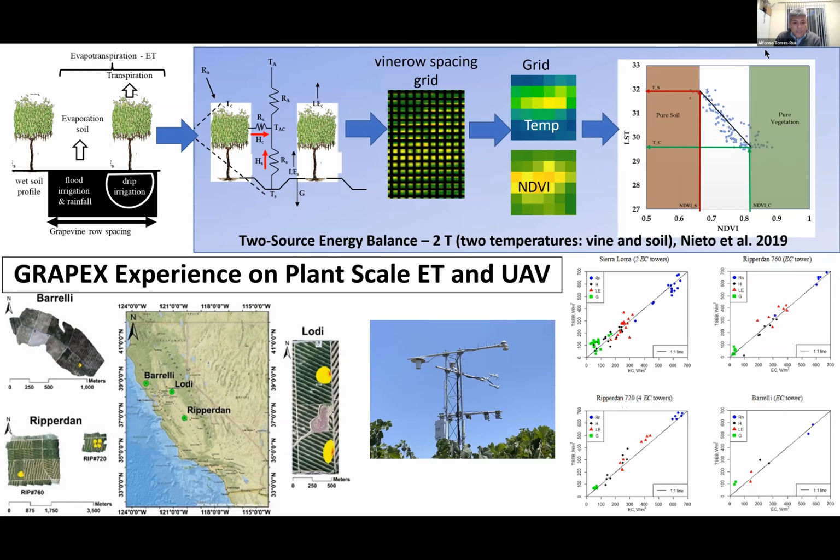In the GrapeX project, we had the opportunity to collect UAV information along with ground information from different sources, especially the eddy covariance measurements, across a climatic range of conditions, from rugged, hilly conditions in Barelli to extremely hot climate conditions in Ripperdan and intermediate weather conditions in Lodi.